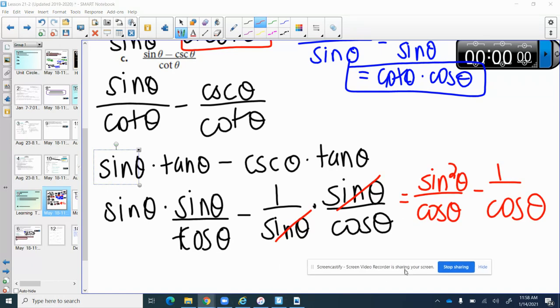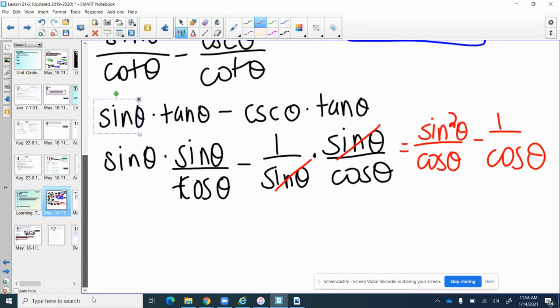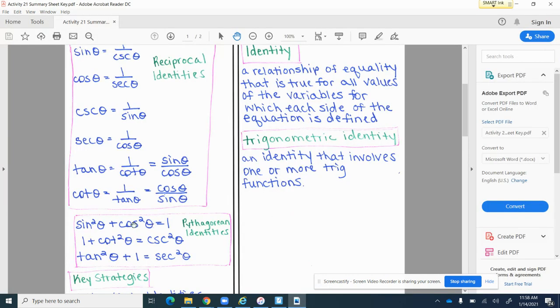They have a least common denominator, so now is a good time to probably put them back together since they both have a least common denominator of cosine theta. So that's our new denominator. And then sine squared of theta minus 1, again, is not a Pythagorean identity. 1 minus sine squared is cosine squared, right? But sine squared minus 1 is not necessarily an answer here.